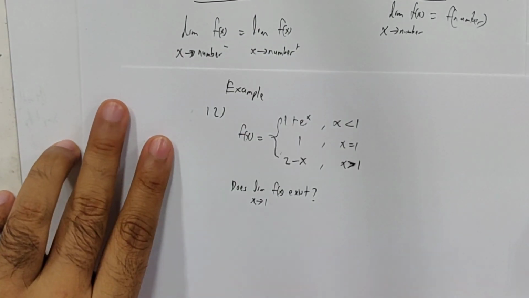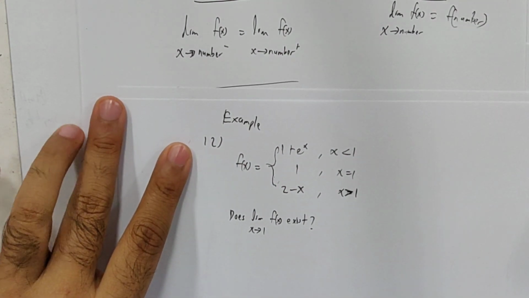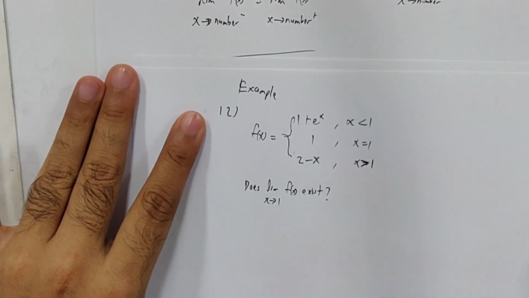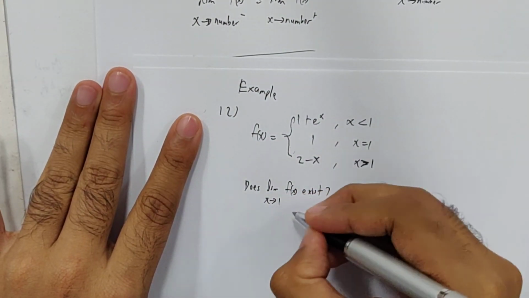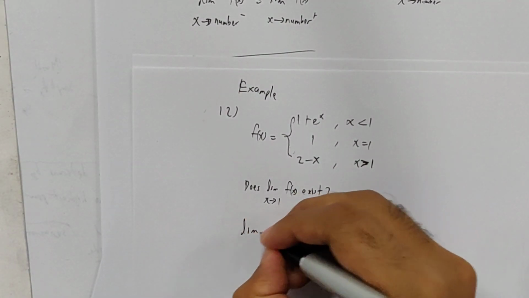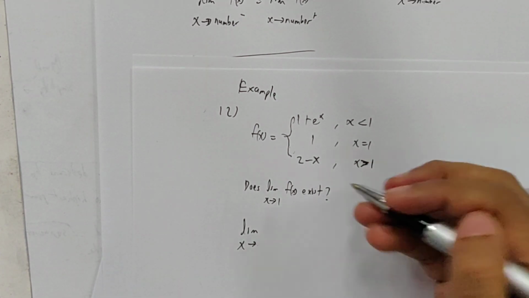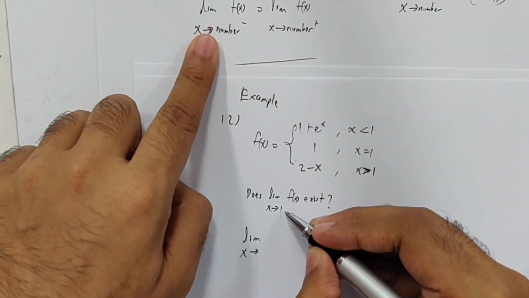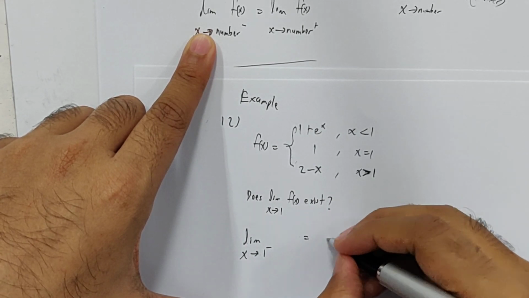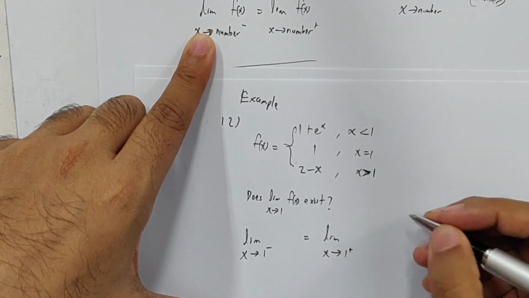Okay, how should we do? You want to prove this thing, right? It's easy if you just copy the equation back. So instead of number, it becomes 1 here. Limit x approaching 1 from the left, limit x approaching 1 from the right.